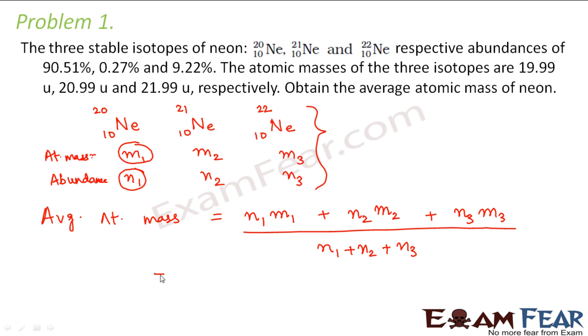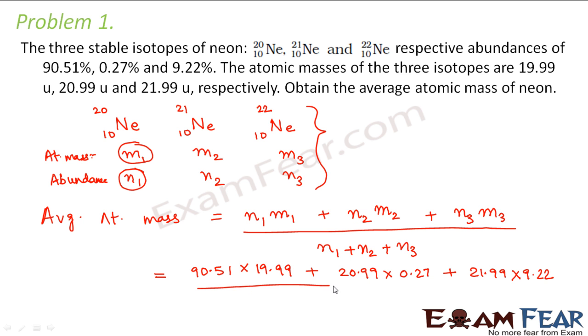Right? So now we can put the values. N1 is given as 90.51 into M1, and M1 is given as 19.99, plus N2 M2, that is 20.99 into 0.27, plus 21.99 into 9.22.